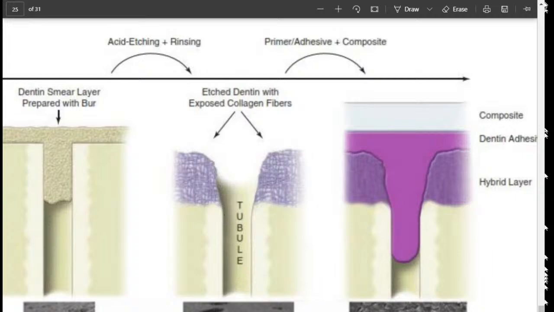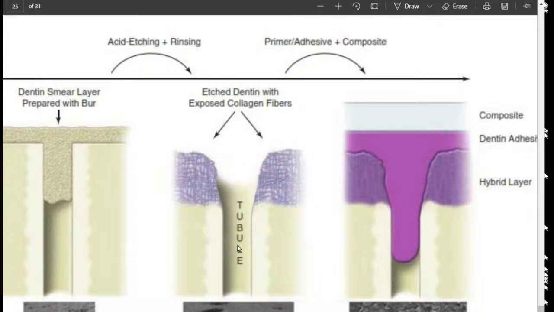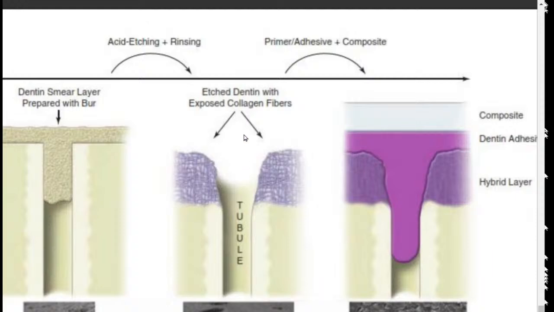We have this picture, the etched dentin with the exposed collagen fibers, and this is the tubule opened for the adhesive. The primer adhesive is being added with a composite. And the third picture is the composite, dentinized and hydrolyzed layer.